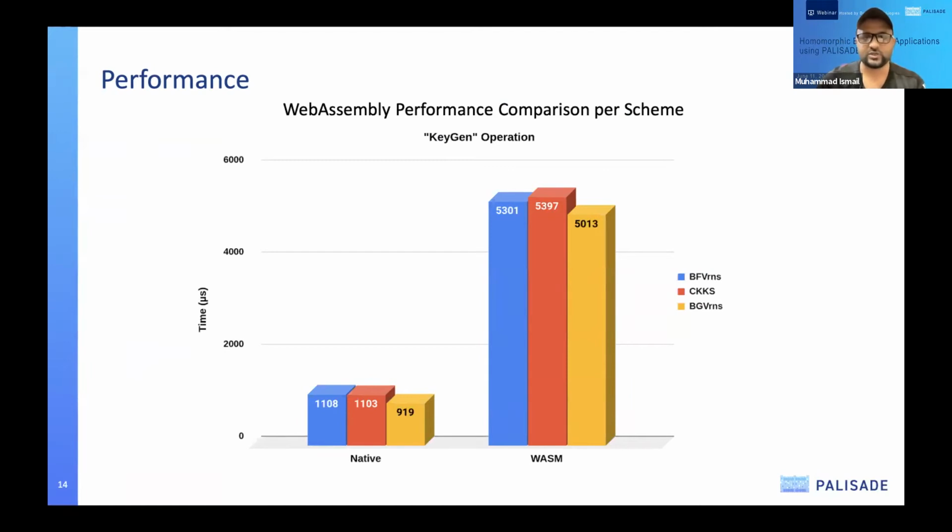We have chosen three schemes: BFVRNS, which is not yet optimized, and CKKS and BGVRNS. They look similar, somewhat 5x slower.